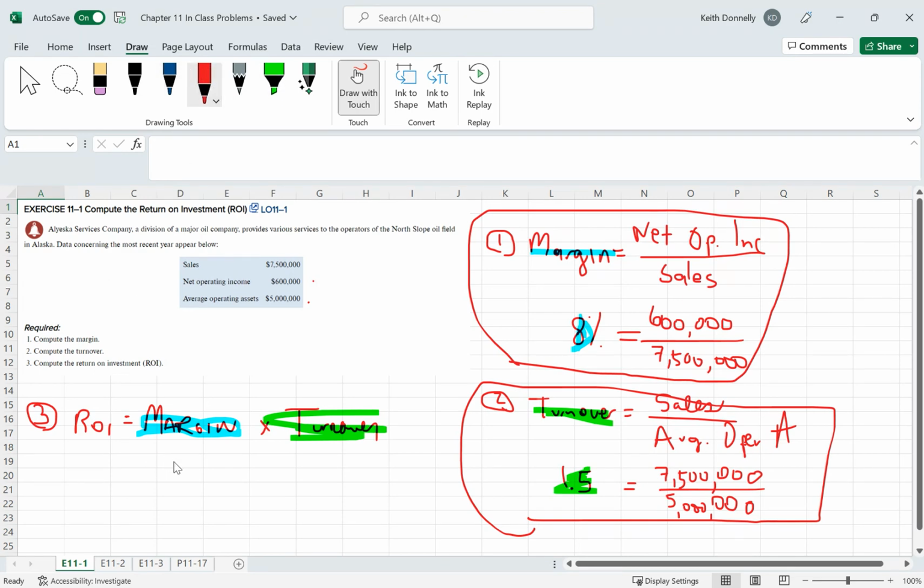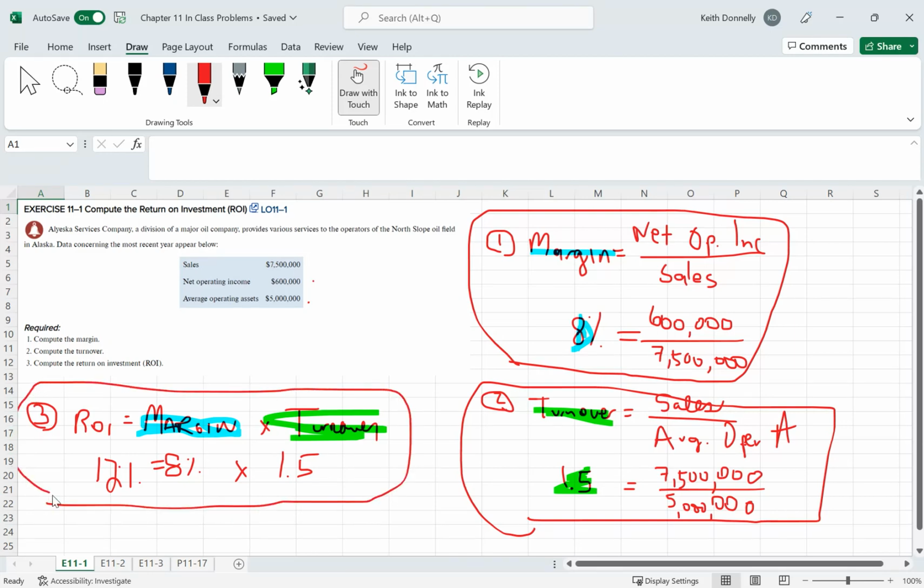If we do the 8% times 1.5, we're looking at an ROI, or return on investment, of 12%. And let me just circumscribe that there. So we did 1, 2, and 3.